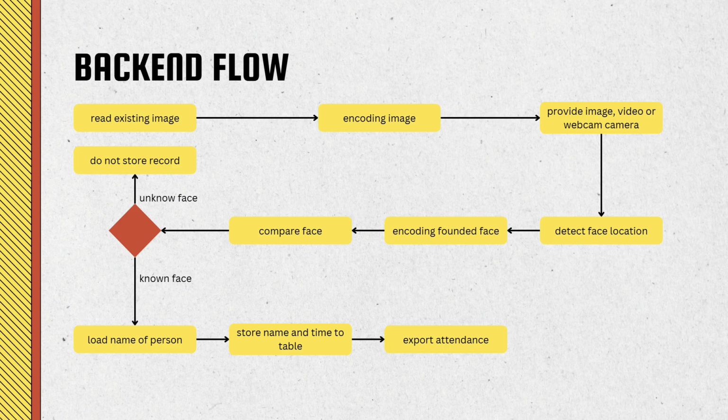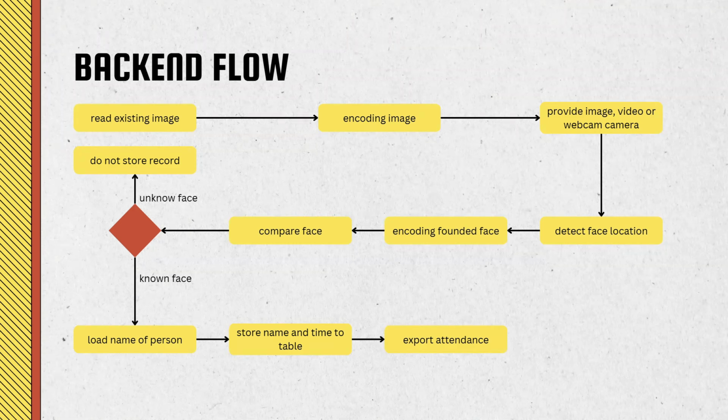After that, when the user provides an image or video, or wants to use real-time tracking with the webcam, the system will capture the faces from the video, the image, or the webcam, and encode those faces.